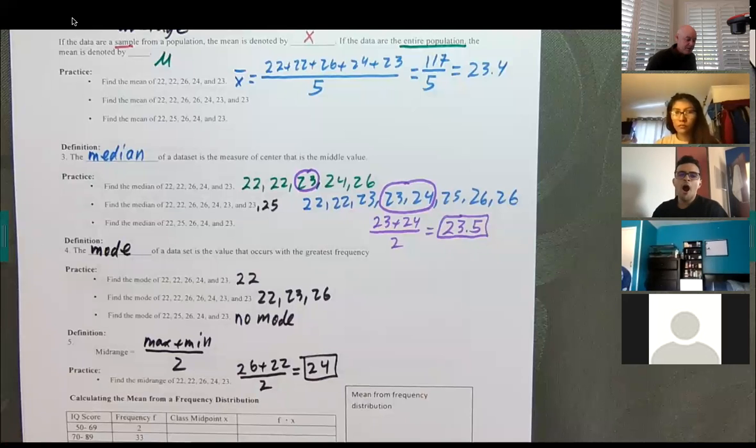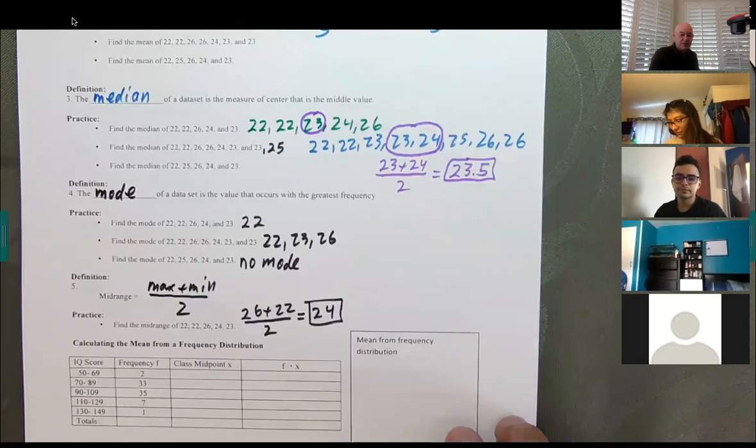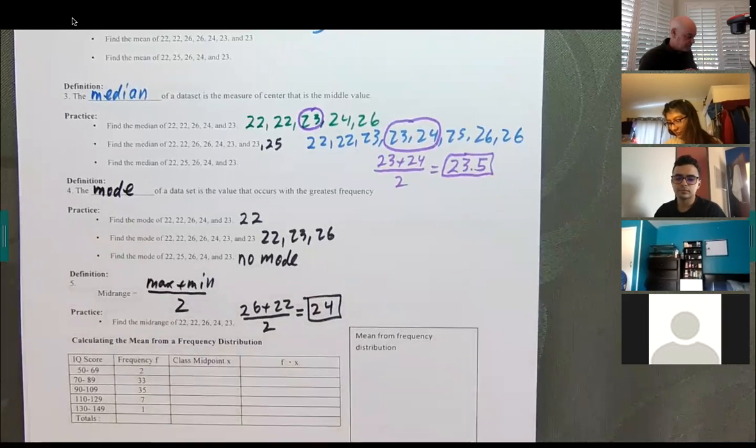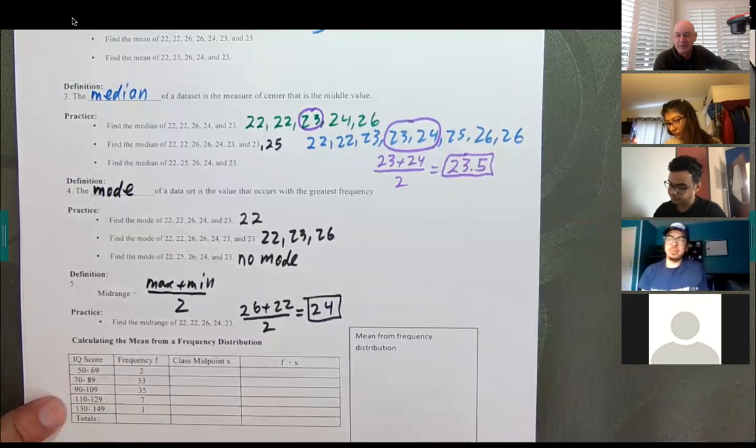Now, if we want to find a mean for a frequency distribution table, meaning we don't have the raw data like we had up here, then we're going to have to do something else. What we're going to do is find the class midpoint. If you remember, this is that same IQ data set that we have been using all day.